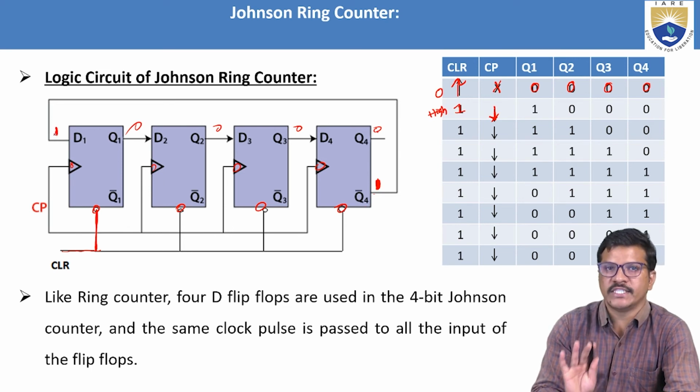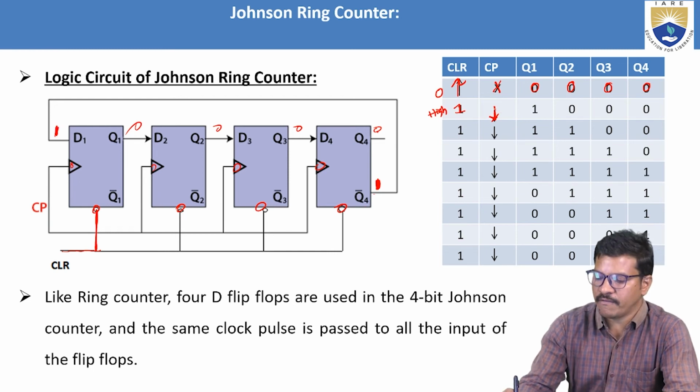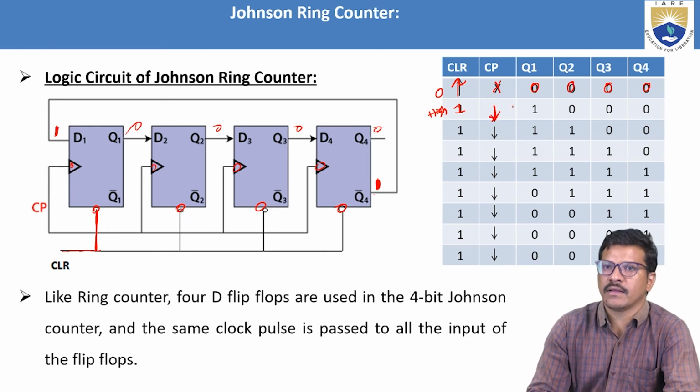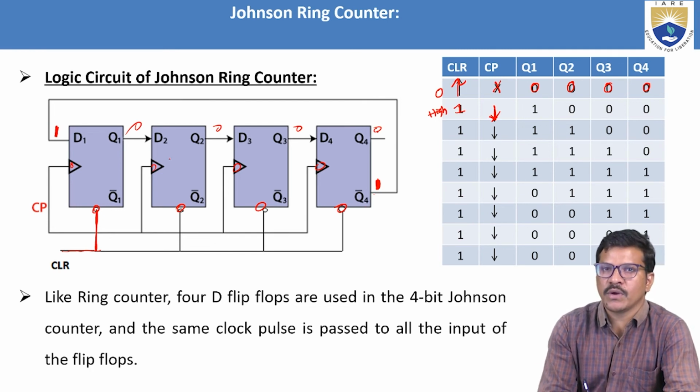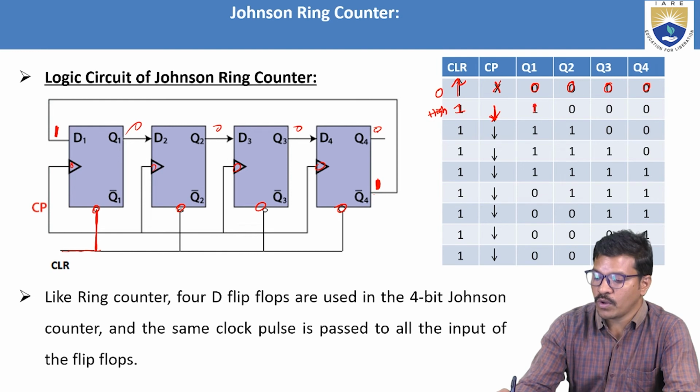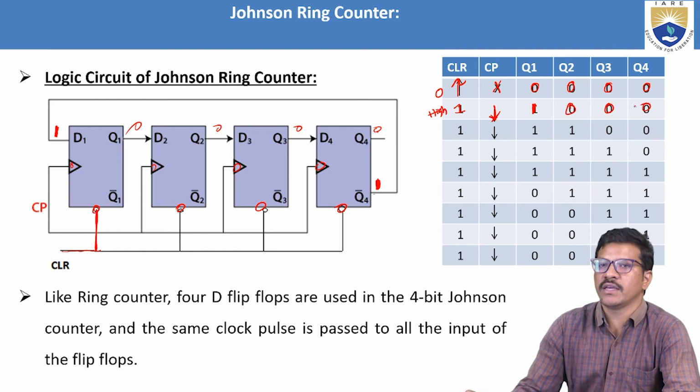Once the clock pulse is applied, whatever 1 is available at D1 is passed to Q1. So Q1 is equal to 1, and the remaining are zeros, passed to the other 3 flip-flops.